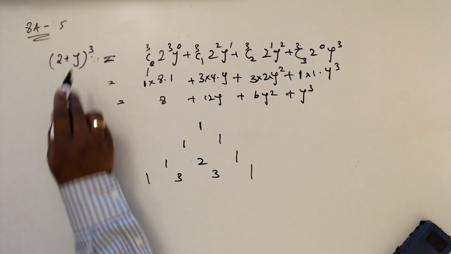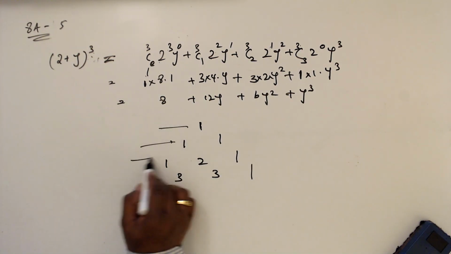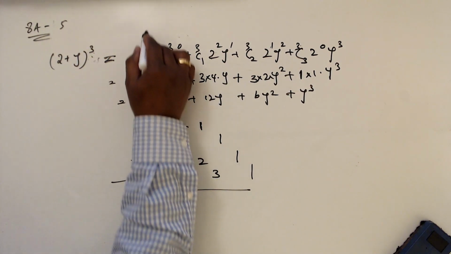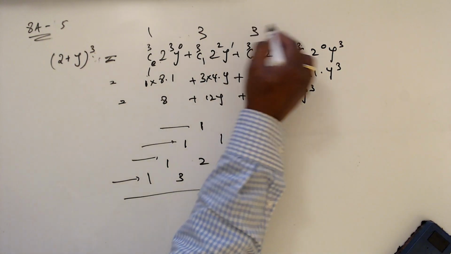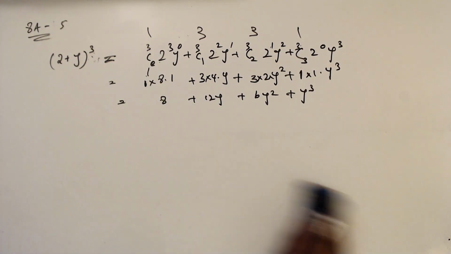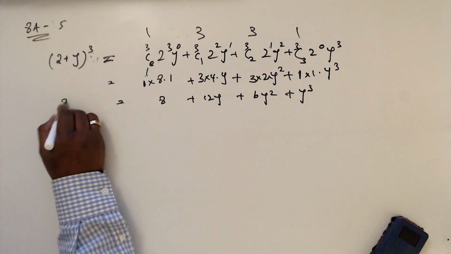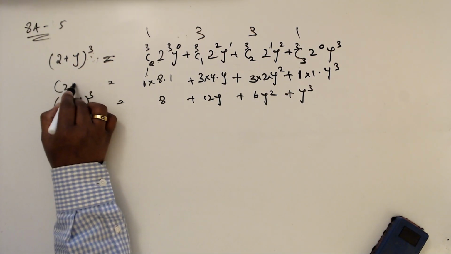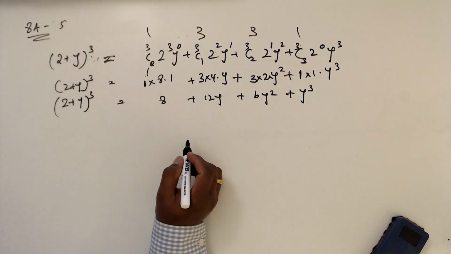So for power 3, the fourth row, 1, 2, 3, 4, is 1, 3, 3, 1. So this is (2 plus y) cubed.